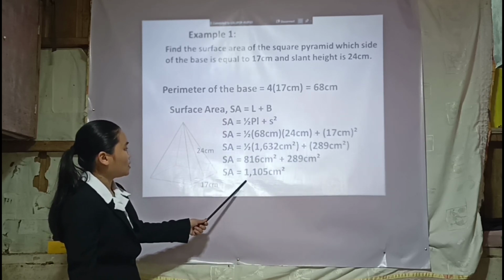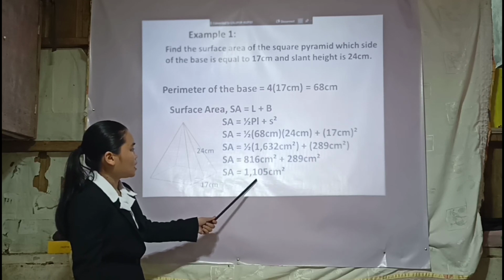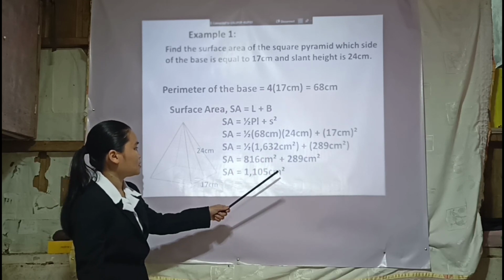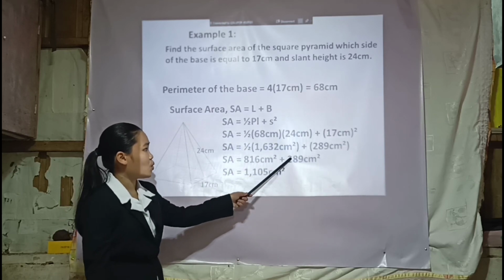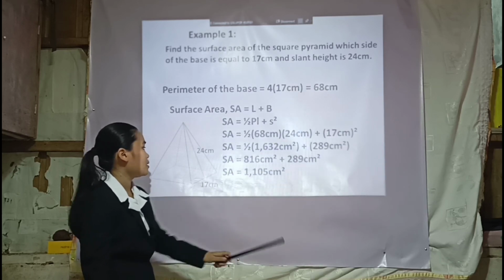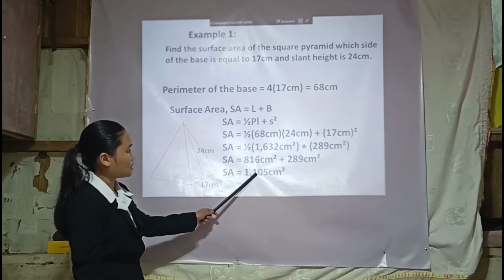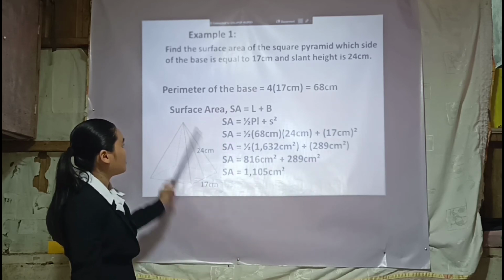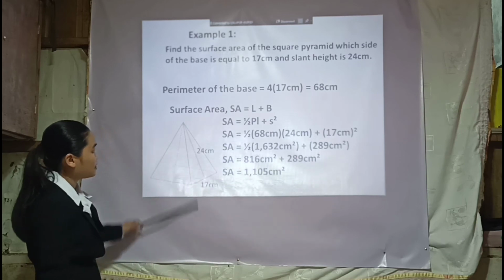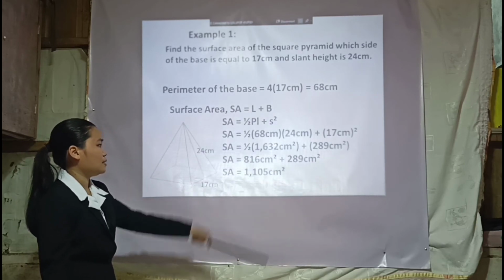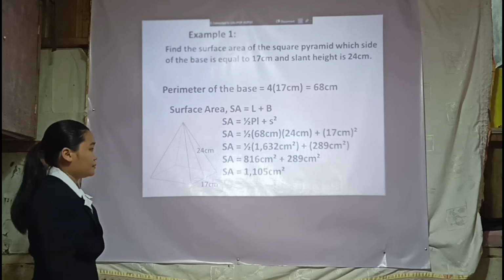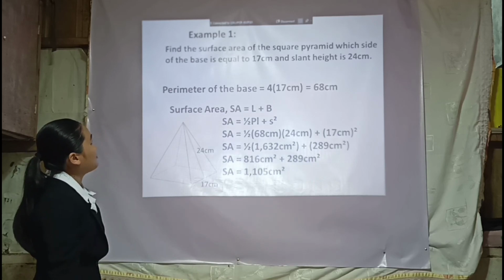Surface area equals 1,105 centimeters squared, because 816 centimeters squared plus 289 centimeters squared is equal to 1,105 centimeters squared. So the value of the surface area of this figure, this example, is 1,105 centimeters squared. Next example.